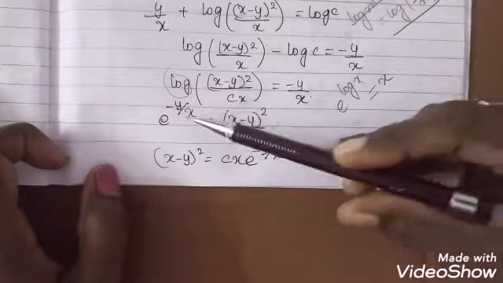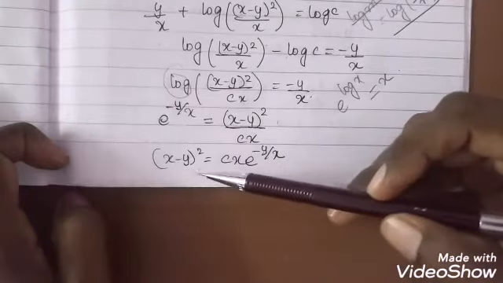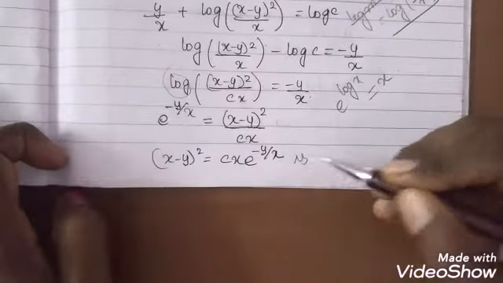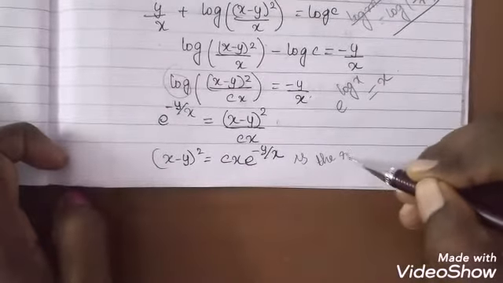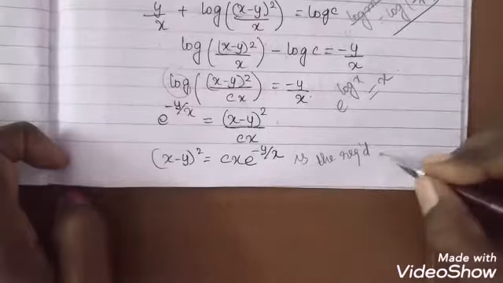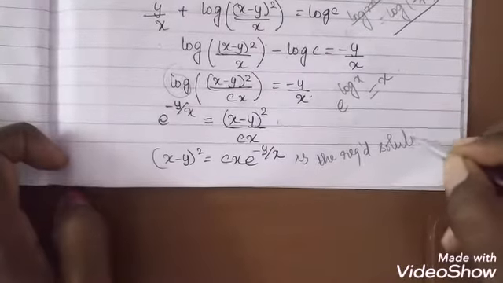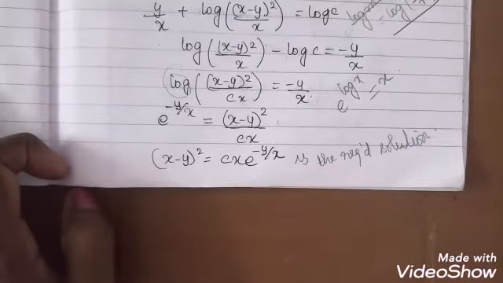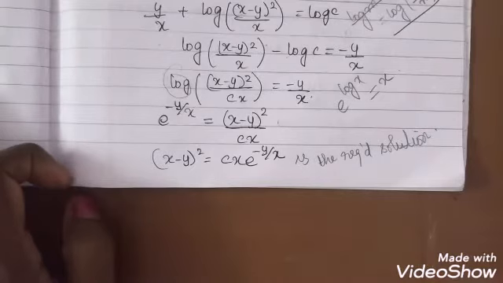When I cross multiply, you will have x minus y the whole squared is equal to cx into e power minus y by x. This is the required solution for this homogeneous differential equation. Is it clear? Even after integrating by the variable separable method, after finding the solution, you will have to simplify this. The simplification part is very, very important.